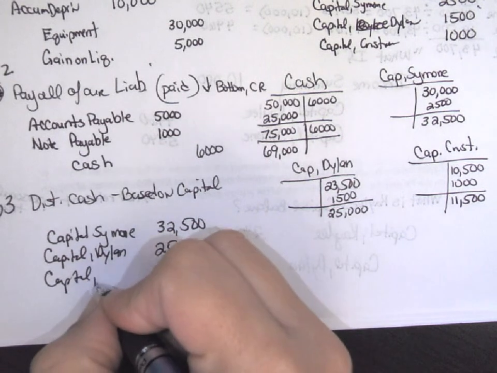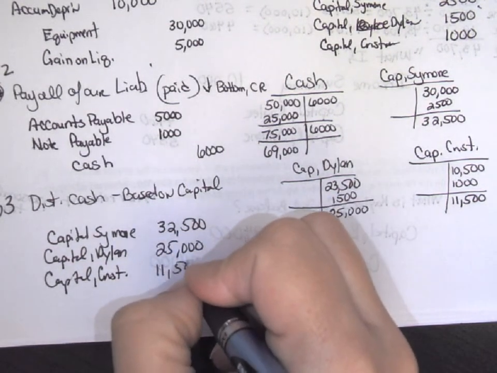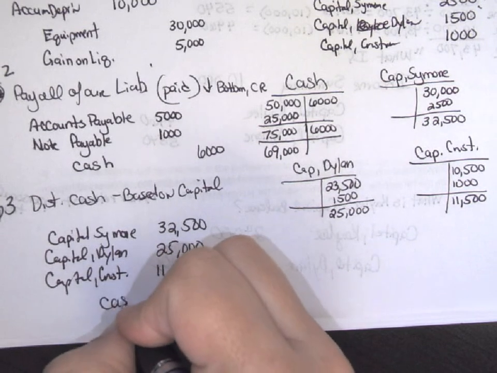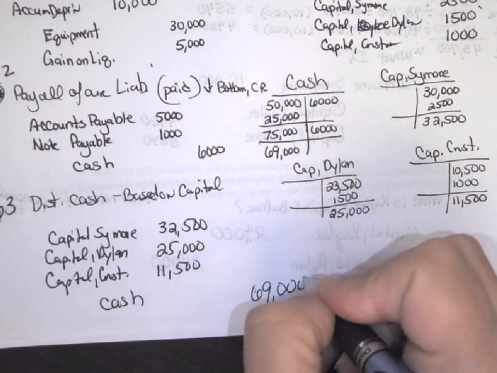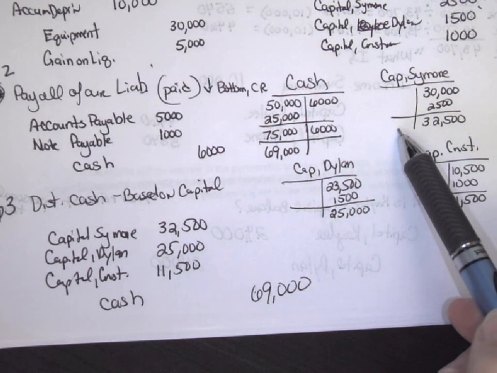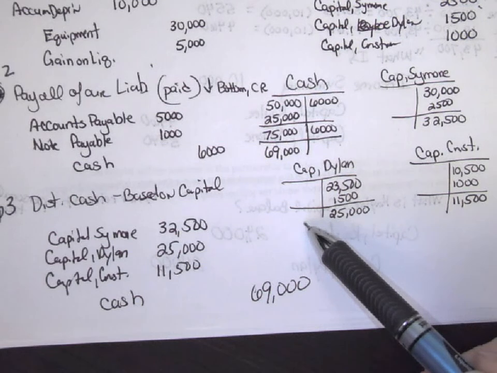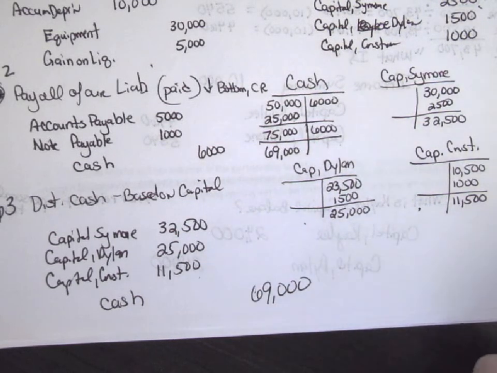The capital for Christian is going to be $11,500, and that's going to give me a cash value coming out of $69,000. So at this moment, I will have closed out cash, closed out the capital for Simone, closed out Dylan's capital, closed out Christian's capital. If I add all these up, that does equal $69,000, and I am all done with the dissolution of this partnership.